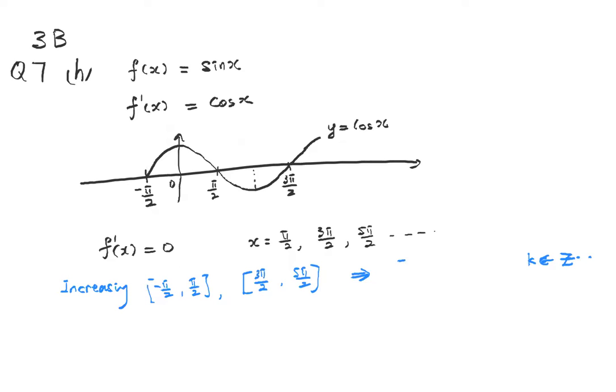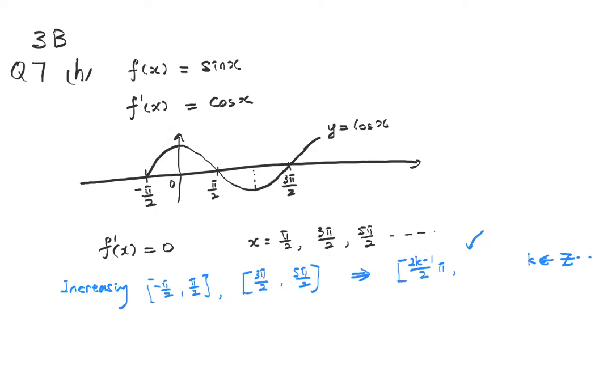So I put it as increasing, your x must be between 2k minus 1, 3 to 5 over 2 pi. Then how the textbook put it?